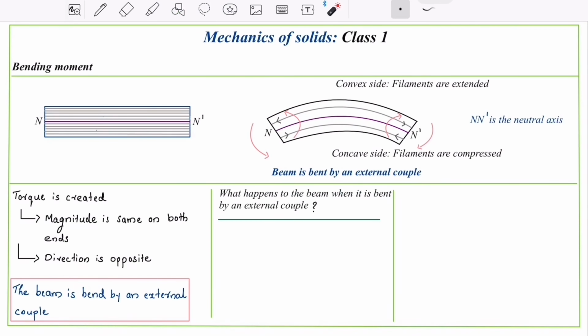The beam is bent by external couple, and the torque is a result of this external couple, and as a result the beam undergoes bending when it is loaded.